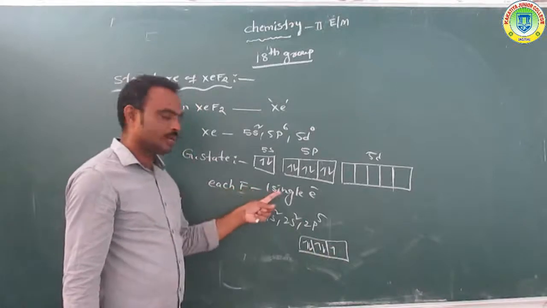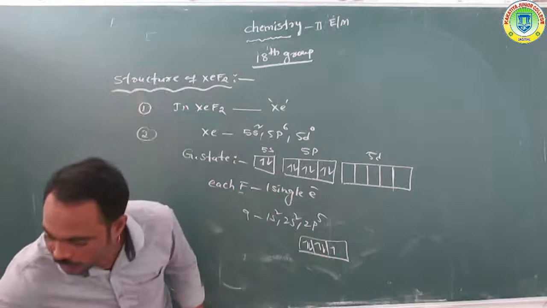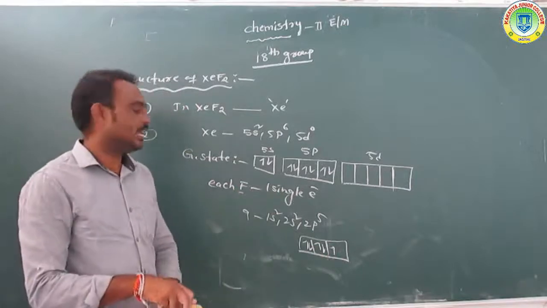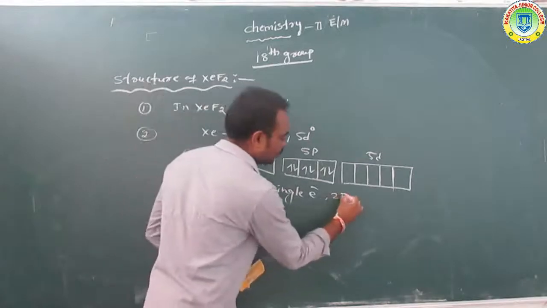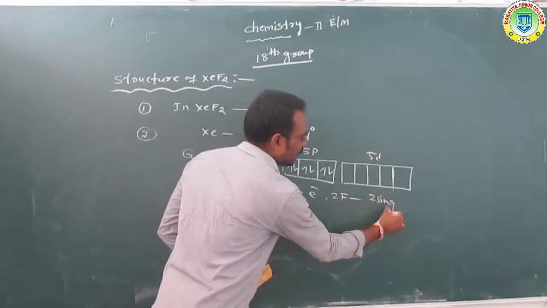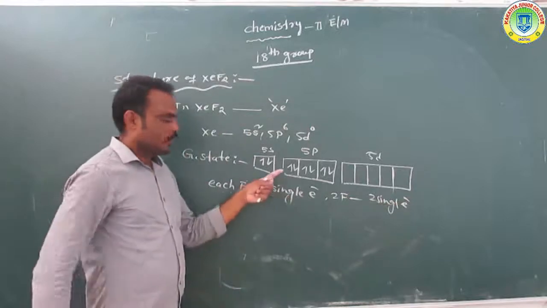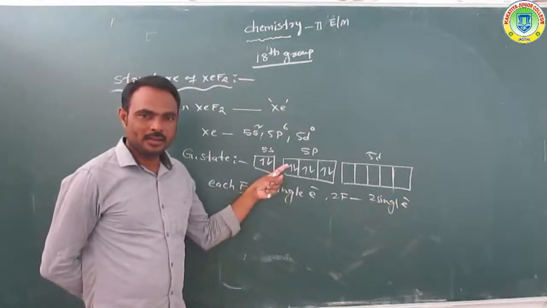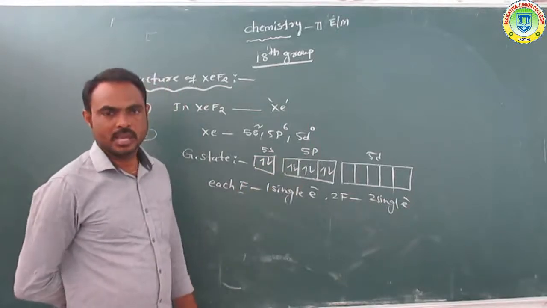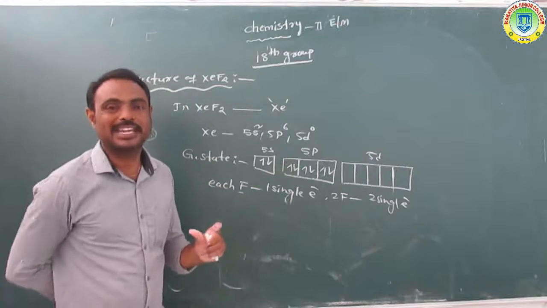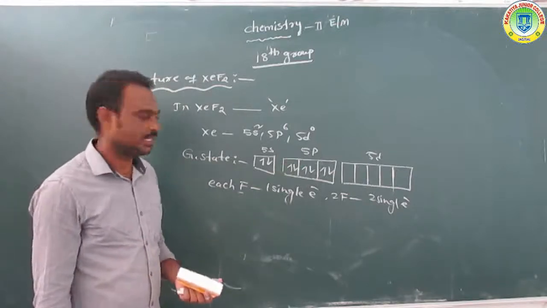Each fluorine atom contains 1 single electron, so 2 fluorine atoms contain 2 single electrons. So overall in the ground state, xenon does not contain single electrons. We require an excited state.